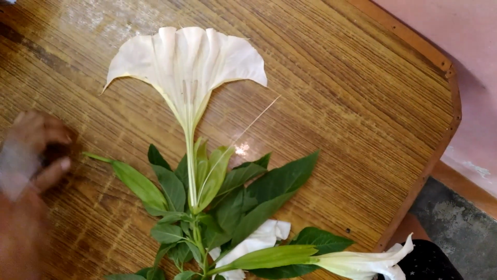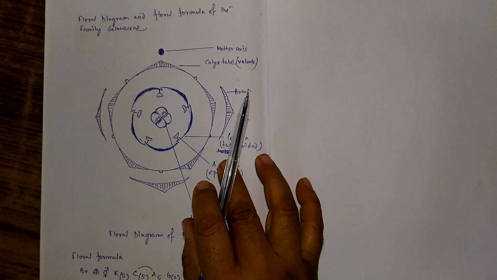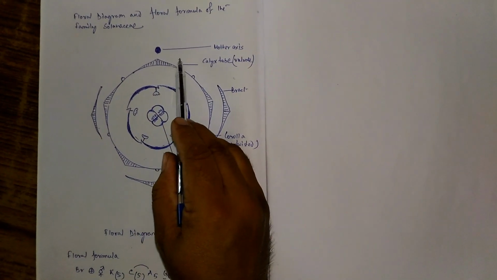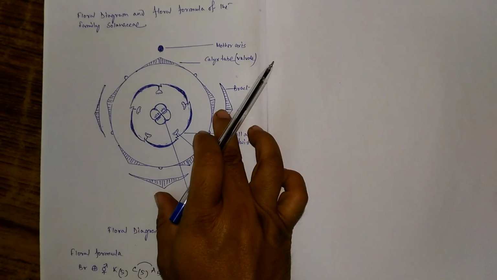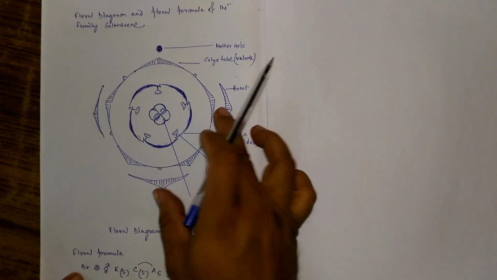So gynoecium is bicarpellary. Now I am discussing about the floral structure of the flower Datura.